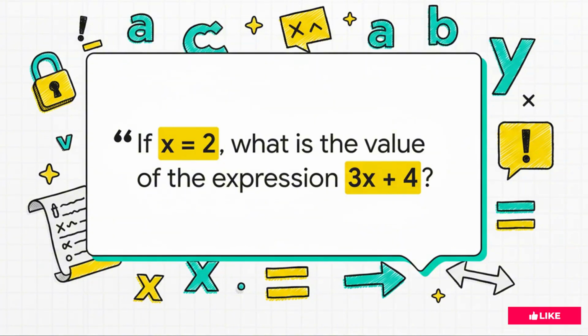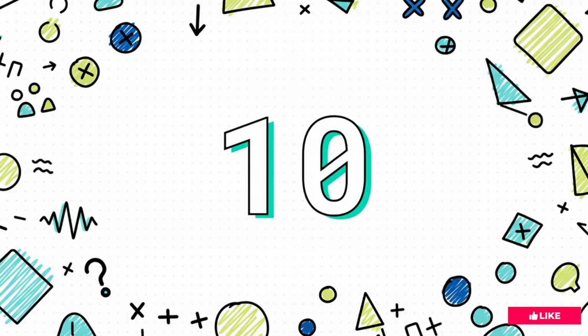We just take out the x and put in the number 2. So now our expression looks like this, 3 times 2 + 4. And now we just do the math. Following the order of operations, we do multiplication first. 3 times 2 is 6. Then we add the 4, and we get 10. That's it. Our secret code 3x + 4 actually just means 10, as long as x is 2. See, you're totally cracking the code.